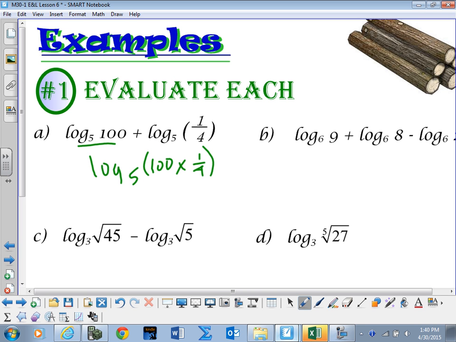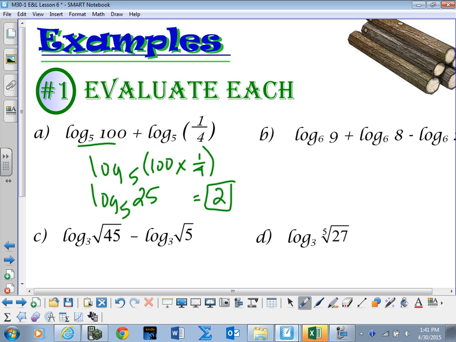So I'm going to combine it because they're addition of two logs with the same base. I can multiply the 100 and the 1/4. And this gives me log base 5 of 25. Log base 5 of 25, we know this equals 2. 5 to the 2 is 25. So now that can be evaluated.